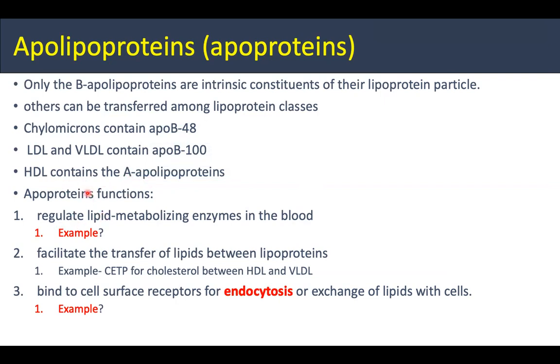Okay, and so these are the functions of apolipoproteins. I told you that there was an apolipoprotein that regulated an enzyme in the blood, for example, specifically breaking down the lipids that are found in lipoproteins. Which apolipoprotein activated that enzyme? Okay, I see one answer.